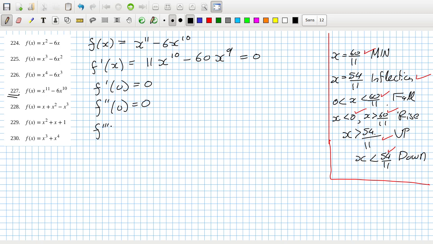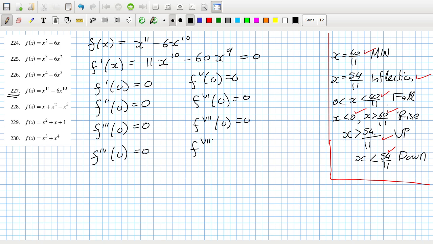Third derivative of 0 equals 0. Fourth derivative of 0 equals 0. Fifth derivative of 0 equals 0. The sixth derivative of 0 equals 0. Seventh, 0 equals 0. Eighth, 0 equals 0. Ninth, 0 equals 0. And the 10th is less than 0.